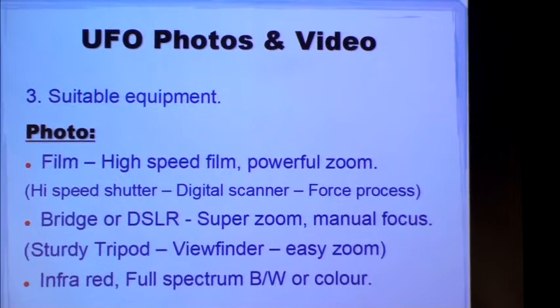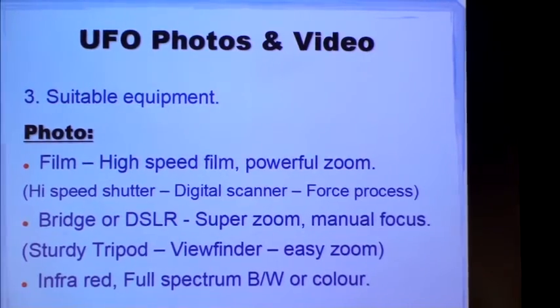At night time, or with a small object in a blue sky, it's very hard for the automatic focus to focus, because it searches and zooms in and out to try and establish a focus on that very small point of light or object in a vast blue sky or a nighttime black sky. So with manual focus you can set it, and you know you're going to be on it straight away.